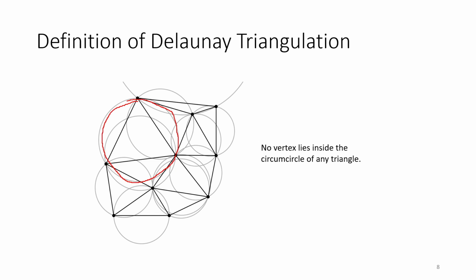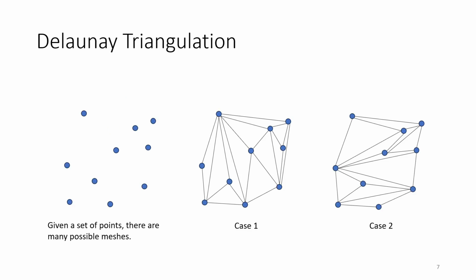Okay. So is there any vertex or any point in the second circle? No. Okay. However, let's see this point. For this triangle, if I create a circle, it will be a very large circle like this one.